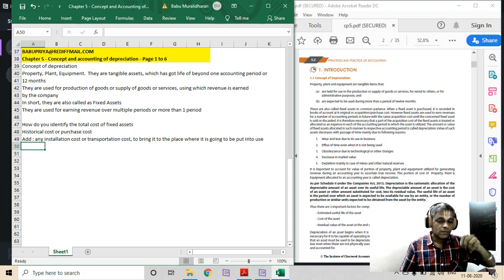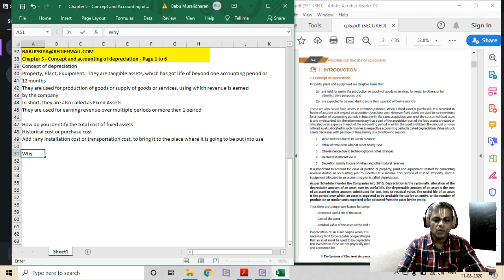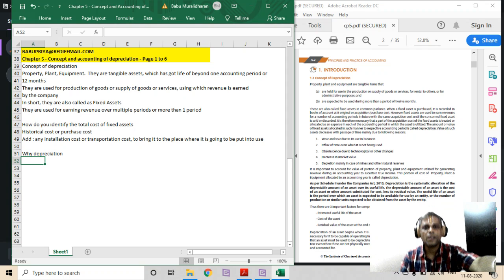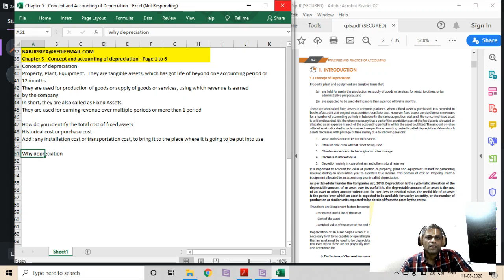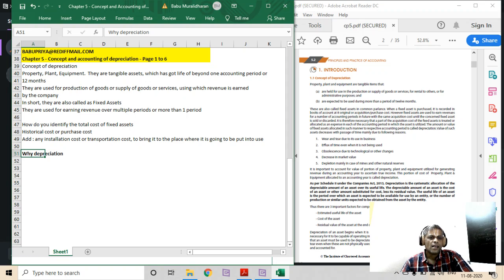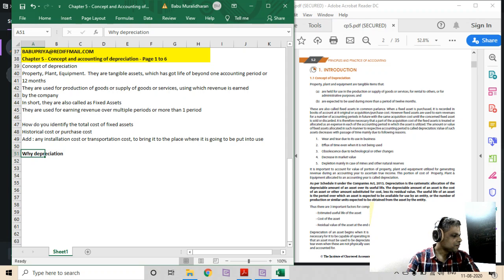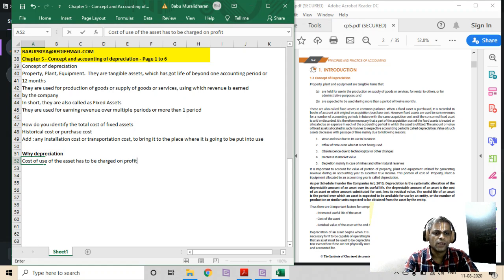And as we saw earlier, why depreciation? What is the need for depreciation? Why should we depreciate? Depreciation is on the fixed assets. An asset is going to earn revenue, so the cost of use of the asset has to be charged on profit.